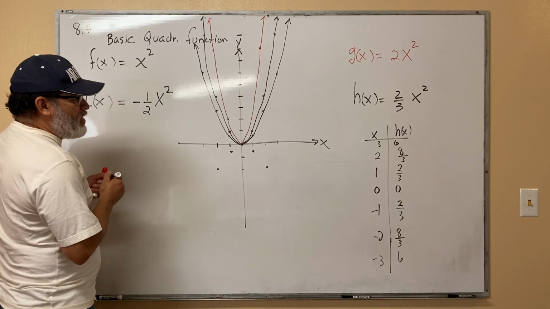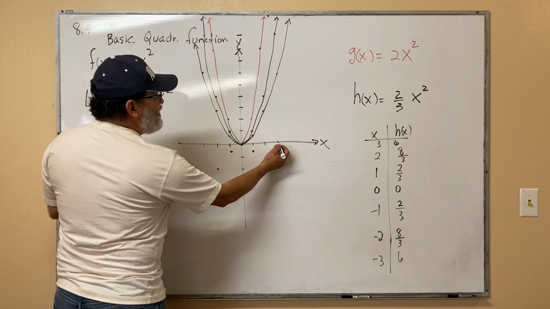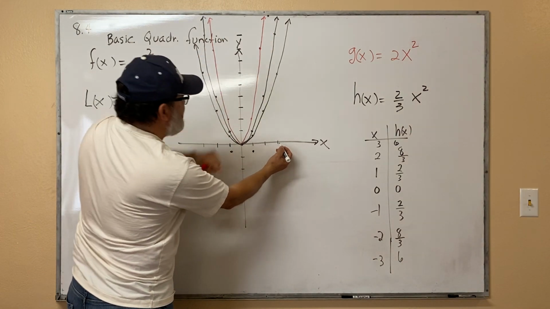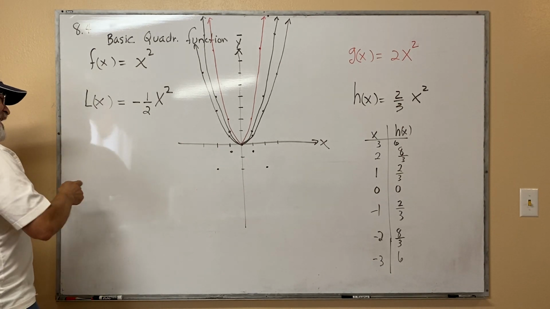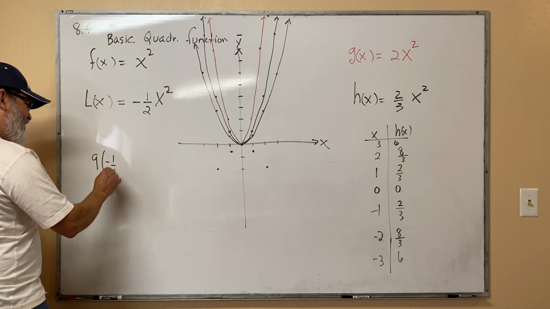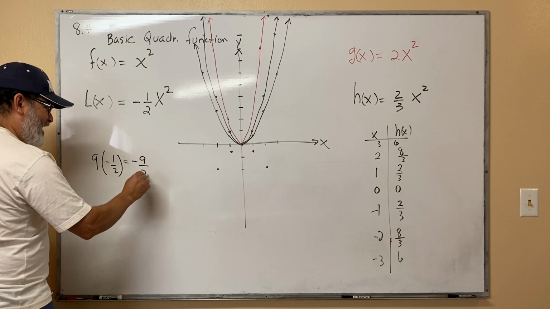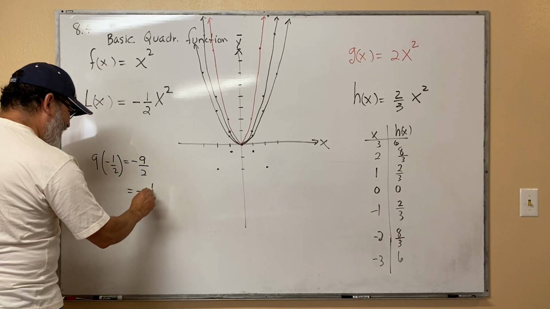This one. 3 times to the right, 9 up. Right there, the middle one. Now you take that 9 and multiply by this negative half, which is negative 9 halves, which is what? Negative 4 and a half.